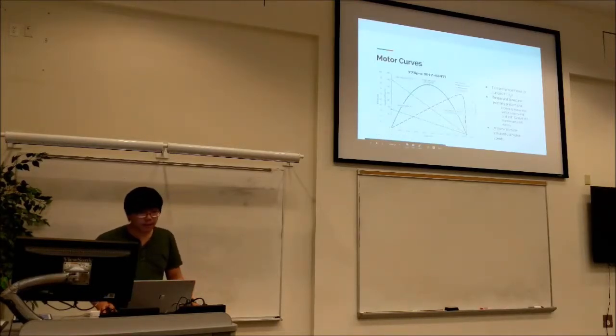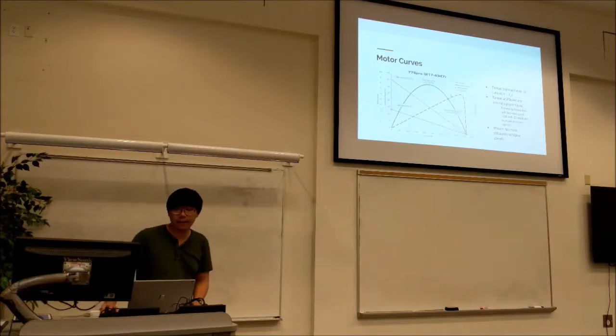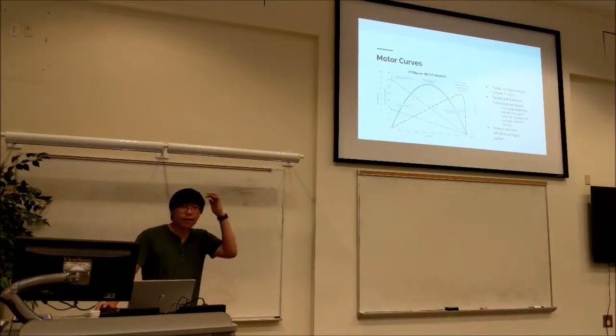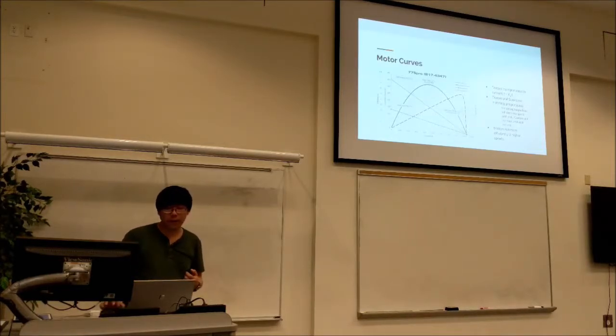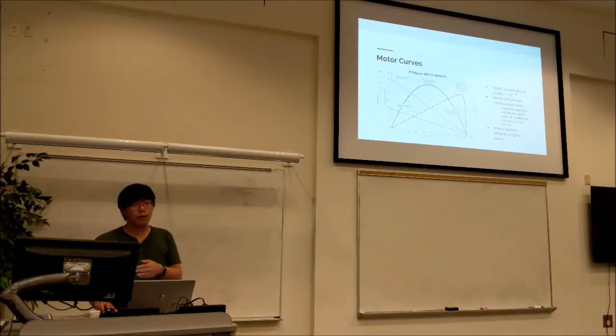And then really quickly about motor curves. On the x-axis we have speed, and then we have all these different y-axes corresponding to the different lines. A few key takeaways: torque is proportional to current, modeled by the equation T equals KT times I. That means if you apply more load torque to your motor, it'll draw more and more current until it hits your stall current and your stall torque.